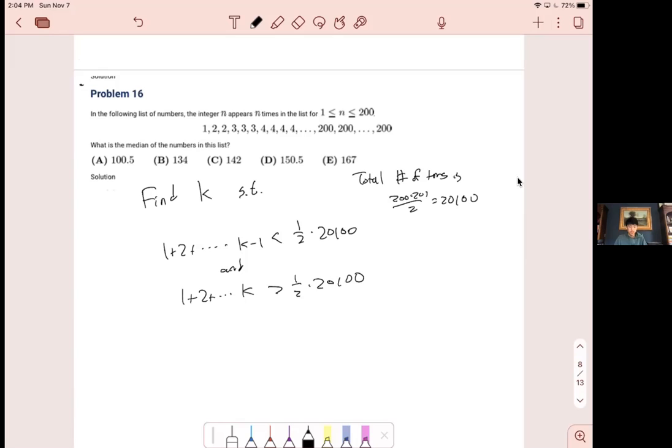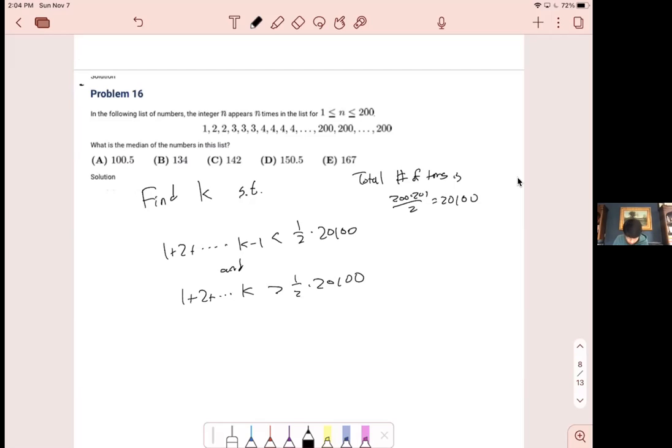And this is because if both of these are true, then there's some number in the middle of that run of k's, which will be the 1/2 times 20,100 number, which is the median.